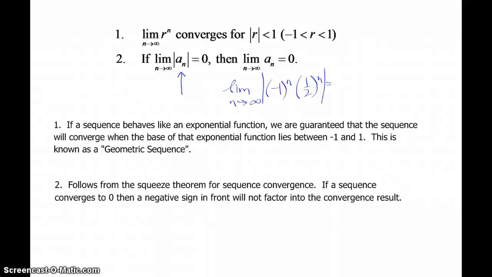If we were to generate this, starting at n equal 1, we would have -1/2, then we would have +1/4, then we would have -1/8. And what number 2 says here is I don't care what's happening.